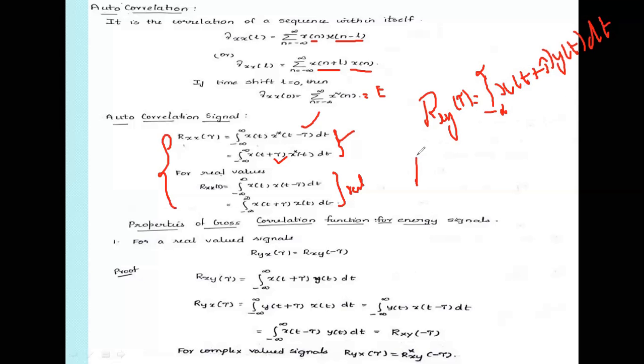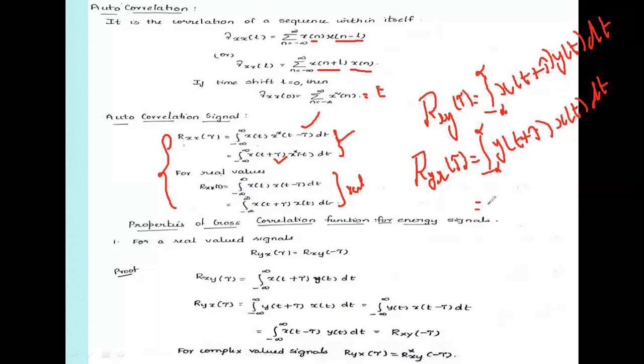And now I am interchanging this: Ryx of tau is equal to the integral from minus infinity to infinity of y of t plus tau and x, the normal function, dt.